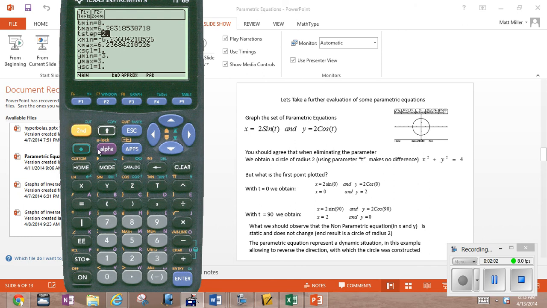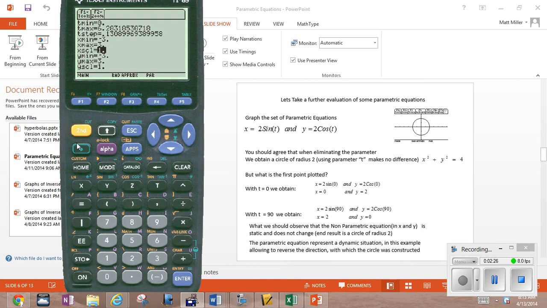They're probably already in there as the default values, so you may not have to do it, but for future reference, you may have to. X minimum and X max are going to be set at -3 and +3 respectively, and the same for Y. And I think we're good to go.